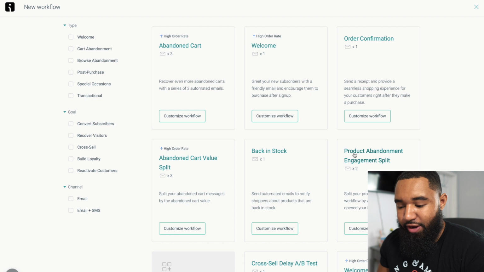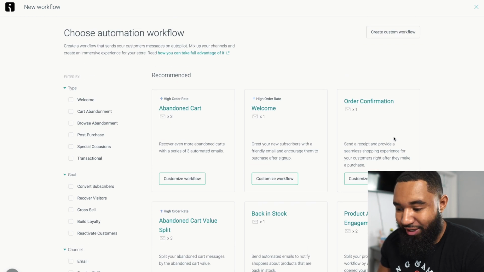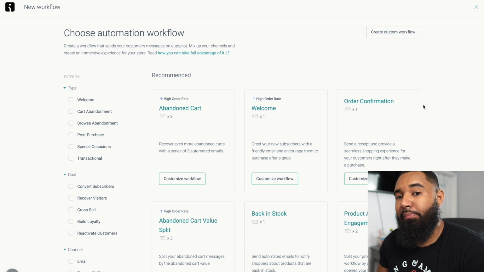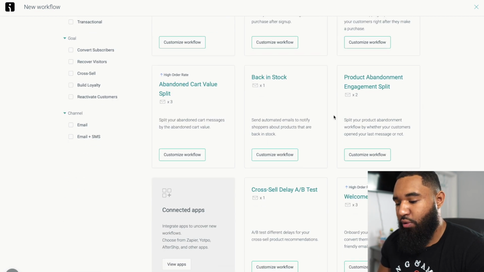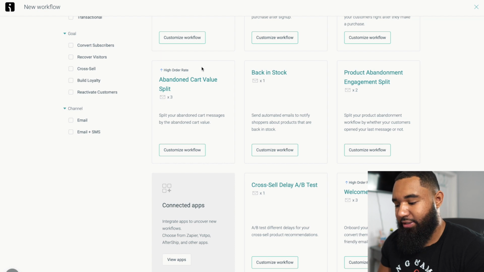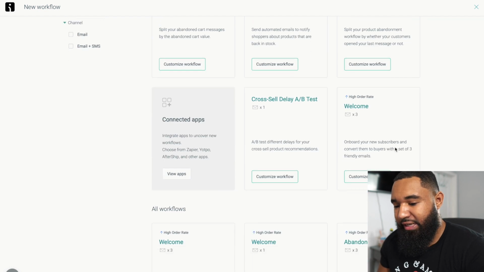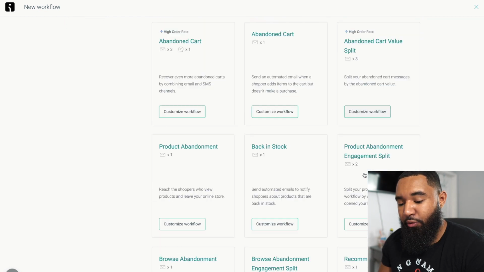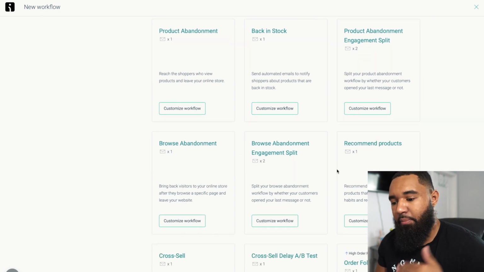So they get very in the nitty gritty with a lot of these. Like if you have an item that's back in stock, they have a lot of sequences that are already pre-built for you that you don't even have to worry about. They even have birthdays. They have a lot of stuff in here that I think is very valuable, which definitely puts them above the rest of the email marketing providers.